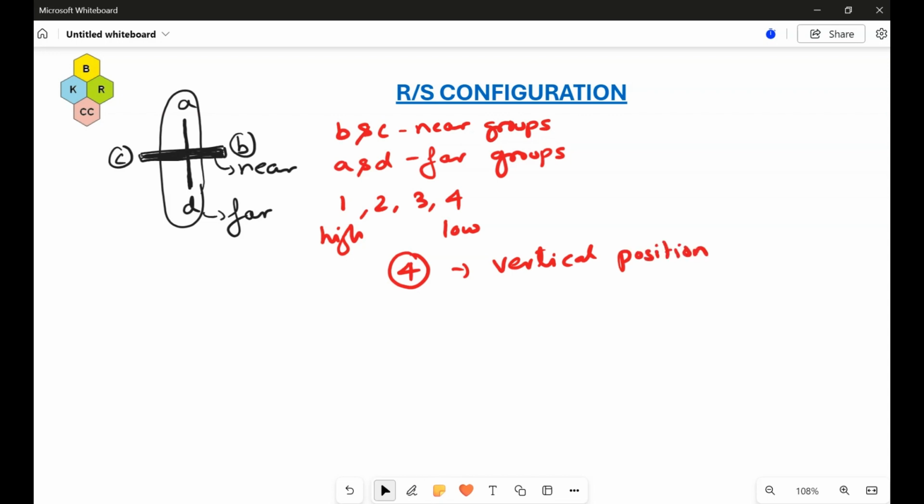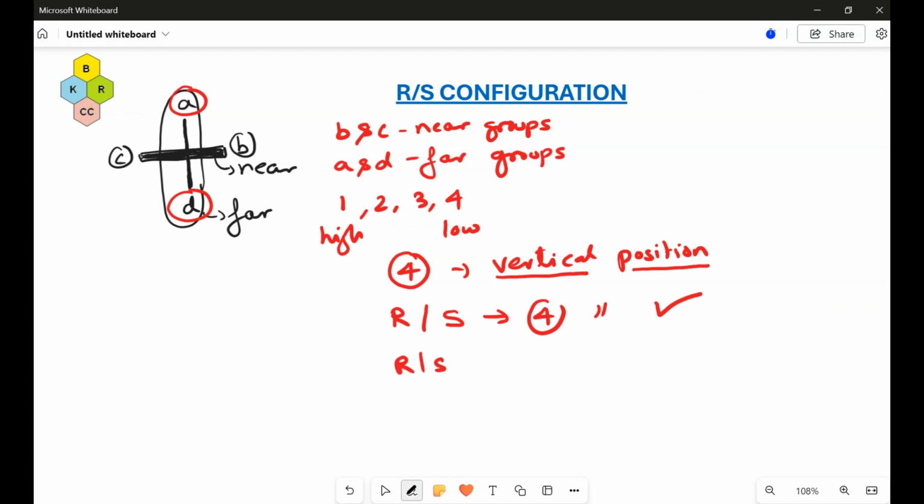It doesn't matter if it is in the top position or bottom position, but it should be in the vertical line. If your least priority is in vertical position, then the assigned configuration is the correct configuration. So if you assign R and S configuration keeping the priority 4 in vertical position, the assignment is correct.